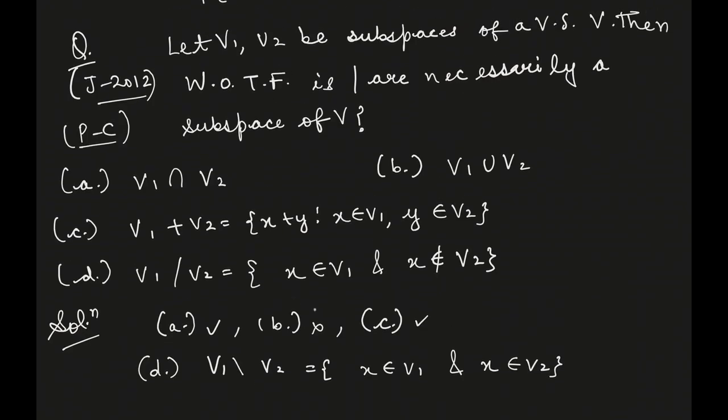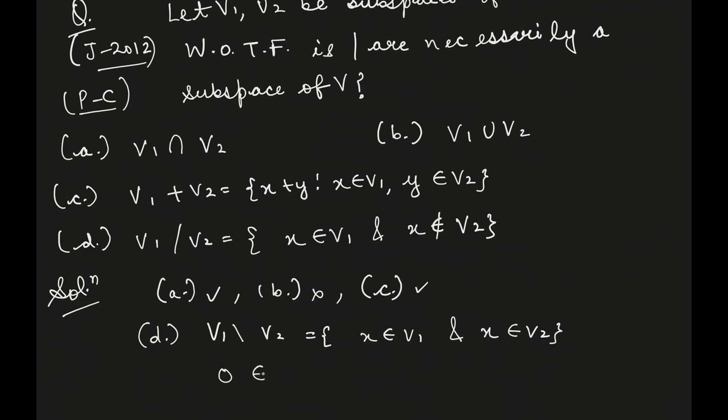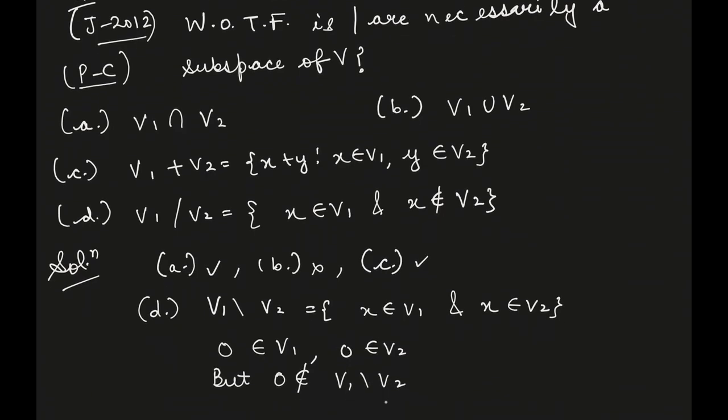V1 and V2 are subspaces, so additive identity will be present in both, but 0 does not belong to V1 minus V2.